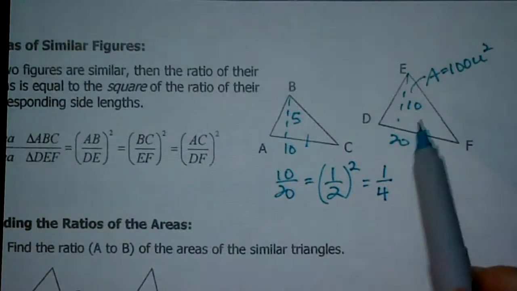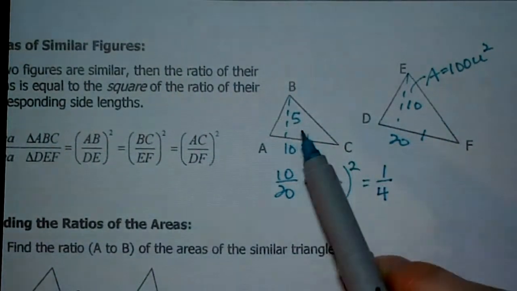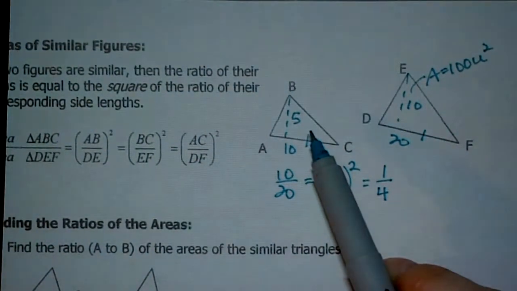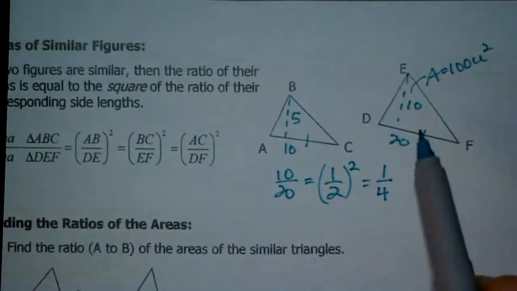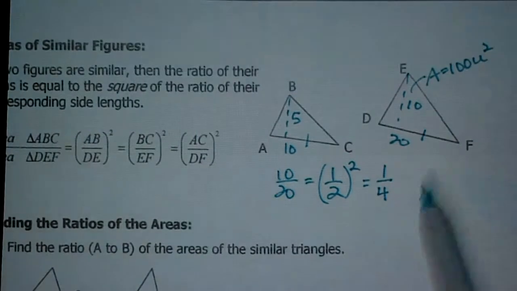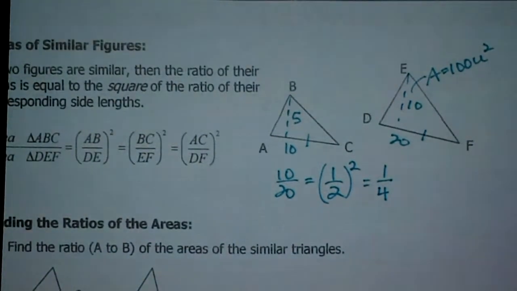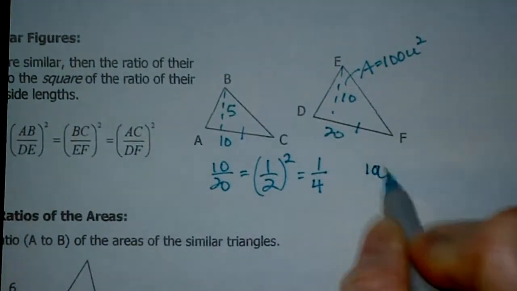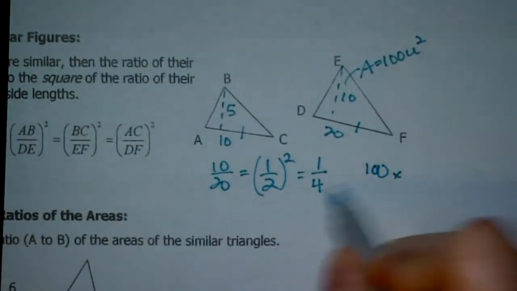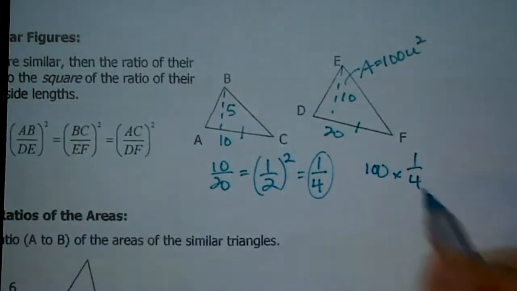So this is saying that the area of this first triangle is 1/4 of this one. And remember that word of means multiply, right? So if I know the area of this one is 100 and I want to know the area of the first one, I can just take this 100 and multiply it by that 1/4.